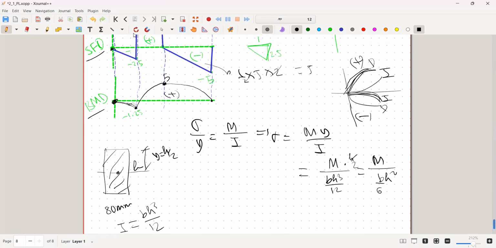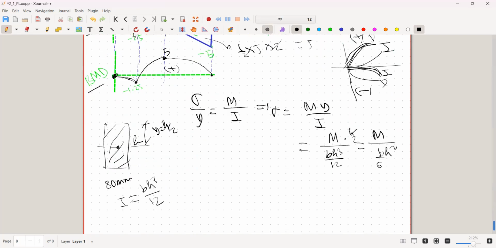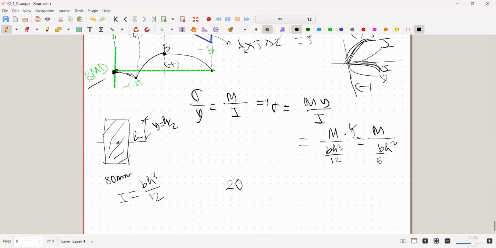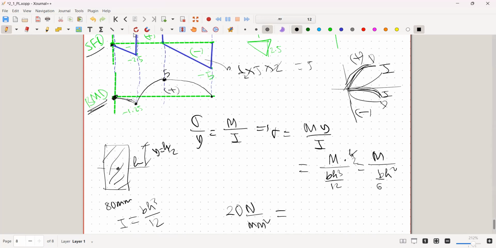And we are given the value of sigma, 20 megapascal, or simply Newton per millimeter squared. And we have to see the moment. We can see the maximum moment on the BMD is 5, in units of kilonewton meter.